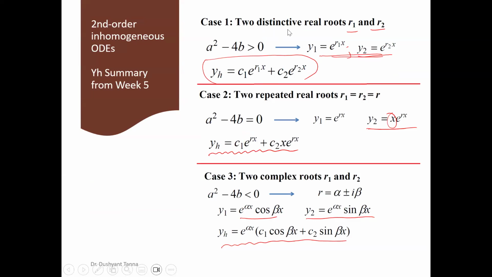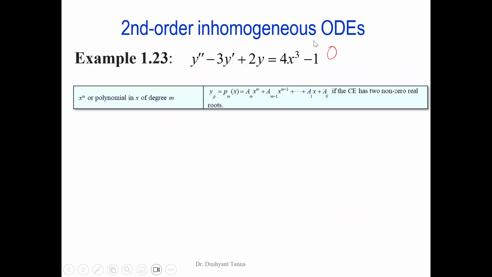You just convert into the characteristic equation, and based on the discriminant, you talk about its root, right? Here, right-hand side is non-zero, and that's why we call it inhomogeneous ODE. It's a second order because we are talking about y double dash, right? You have to remember the table. Of course, not memorizing it, but keep it handy and keep referring to it.